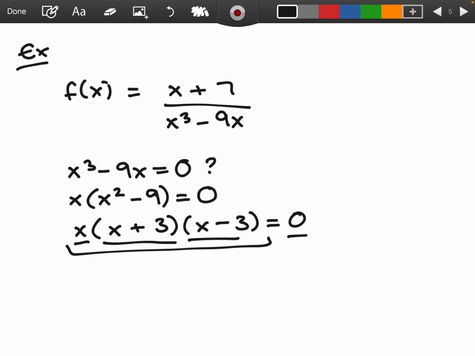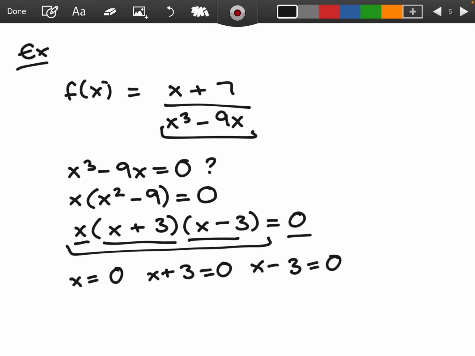So what do I get from this? Well, if any one of these terms equals 0, then the whole thing equals 0, which is what I want. So that tells me that if x is 0, or if x plus 3 equals 0, or if x minus 3 equals 0, then this whole denominator is going to be 0.